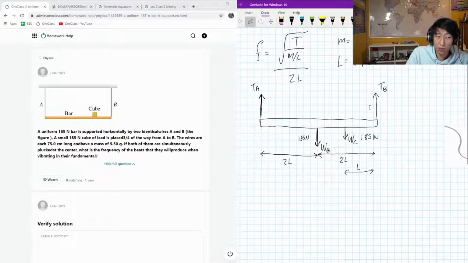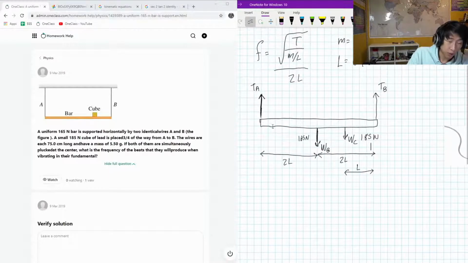We don't really have a way to do this without using something called moments. And we know that this bar is not going to be moving. If I pluck a guitar string, it's not going to move the entire structure of the guitar. Similar type of thing here, so the plucking is not going to actually cause any motion. We're going to assume that we are in static conditions.